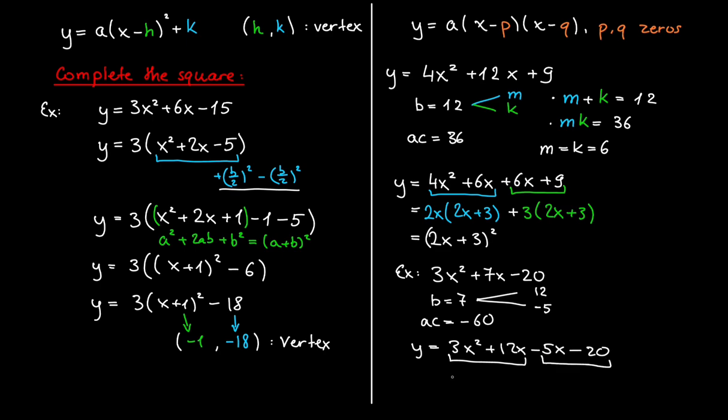The factorized form should be 3x plus 5 and times x plus 4. And this here would be the factorized form. And when we equate this to 0, we can easily identify the zeros, because all you have to do is take any linear factor, equate it to 0 and solve for x, and you will have two x values.